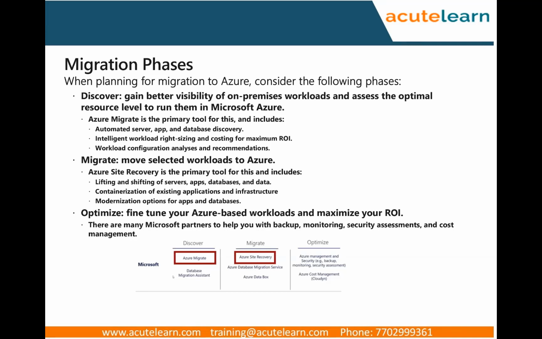We should start assessing it. What features are we going to use? That's where we see right sizing and costing for maximum return on investment. Because we are going to do it in a pay-as-you-go model, we need to choose the right sizing. We need to analyze and do that.